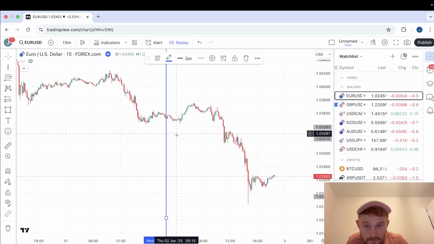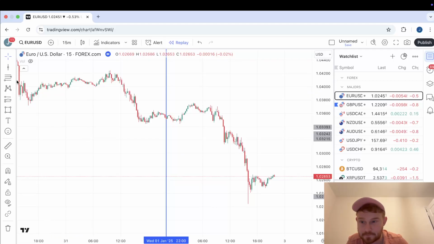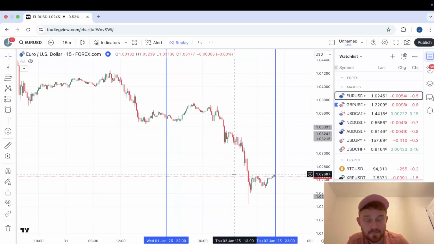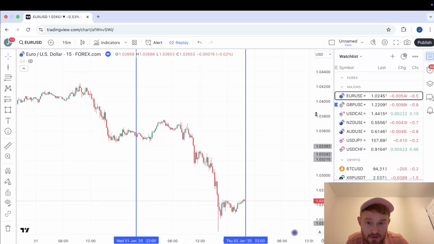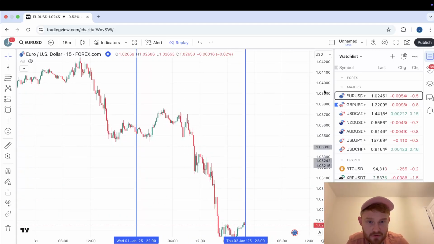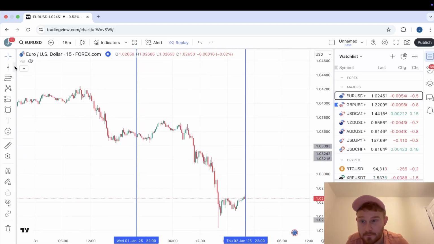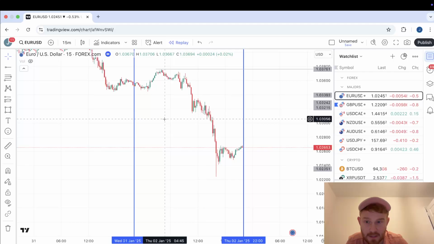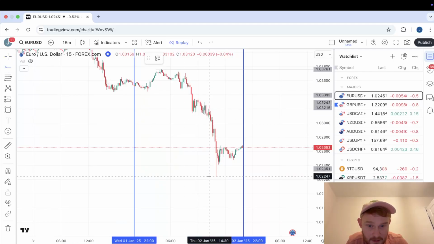Price opened here, price closed basically here. So this is your entire day. This is your entire trading range within that day. So essentially, what those wicks put in is a high of day here and a low of day here.